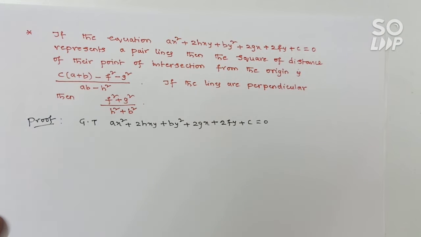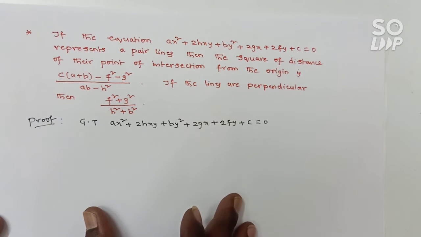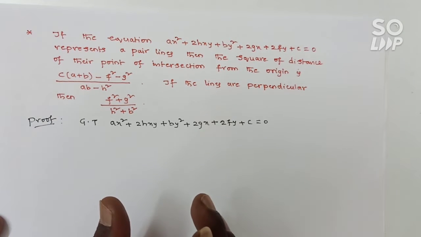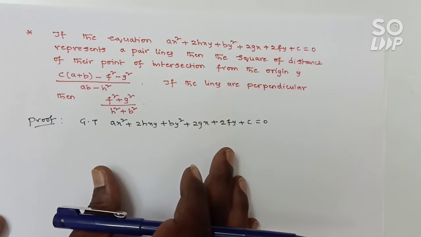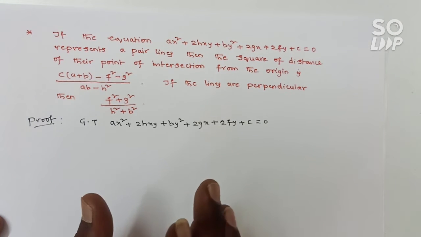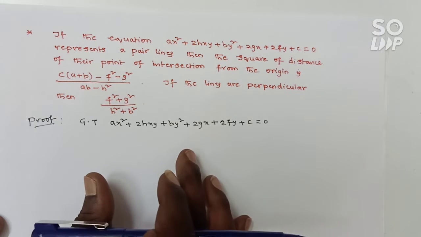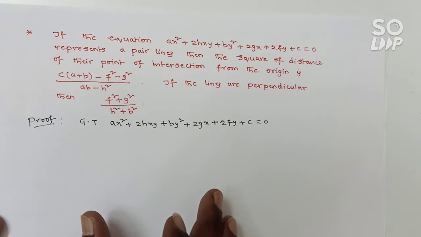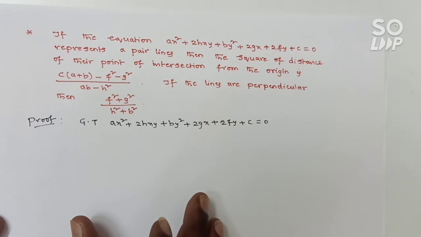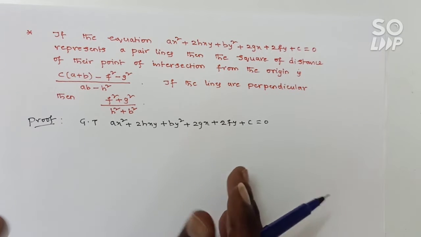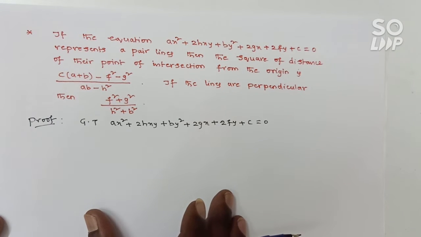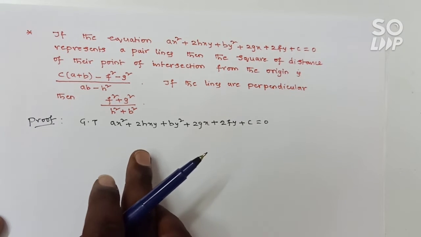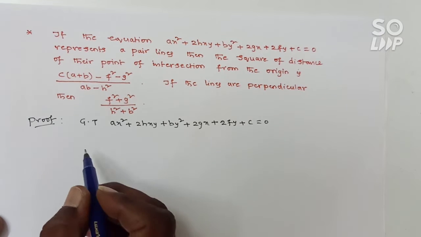That result is proved in the previous videos, so now I am writing the point of intersection directly. If anybody wants the complete derivation from the board exam point of view, you have to write how to get the point of intersection also; see that in the previous videos.